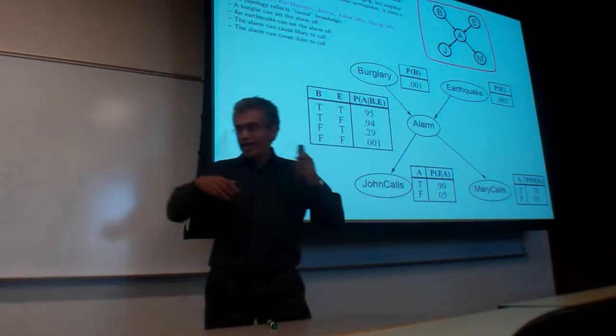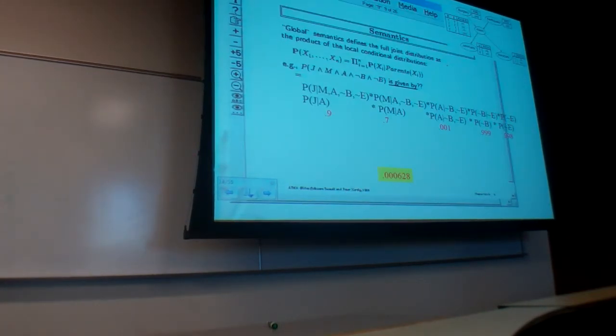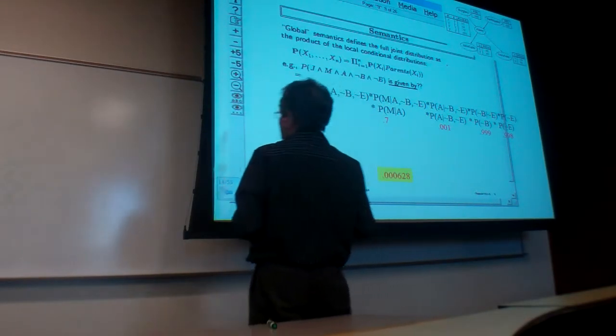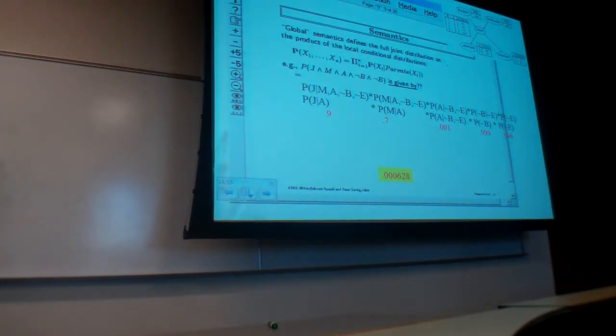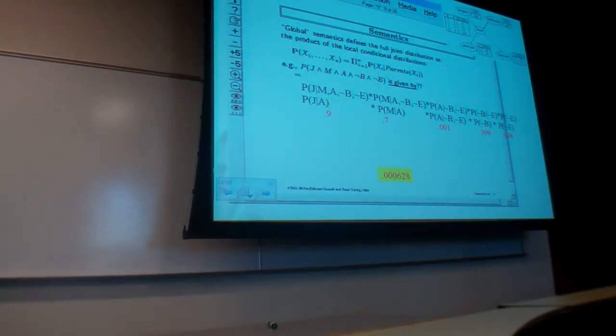Okay? That's where the whole notion of conditional independencies comes into the picture, and in particular, it turns out that there is the chain rule that can always be used, it just always holds.